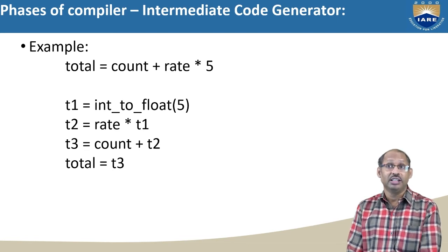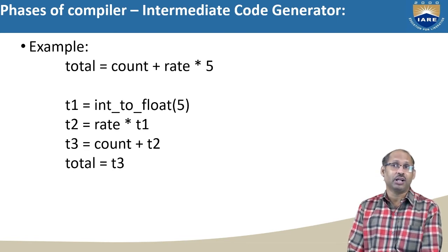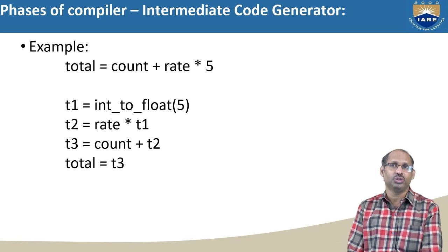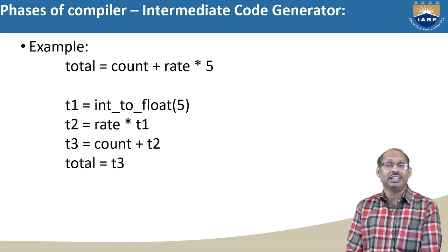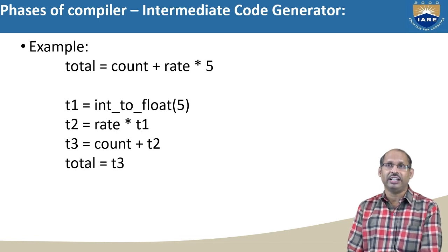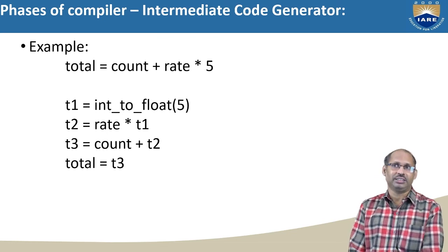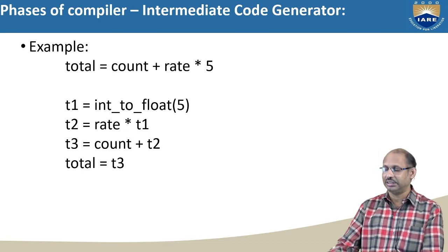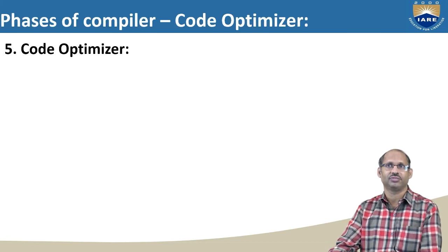Then float addition will be taken between count and T2. And finally, the resultant T3 is stored into the variable total. So the single normal statement we are converting into three address code representation, which is one of the intermediate representations. It is a bridge between the analysis phase and the synthesis phase.